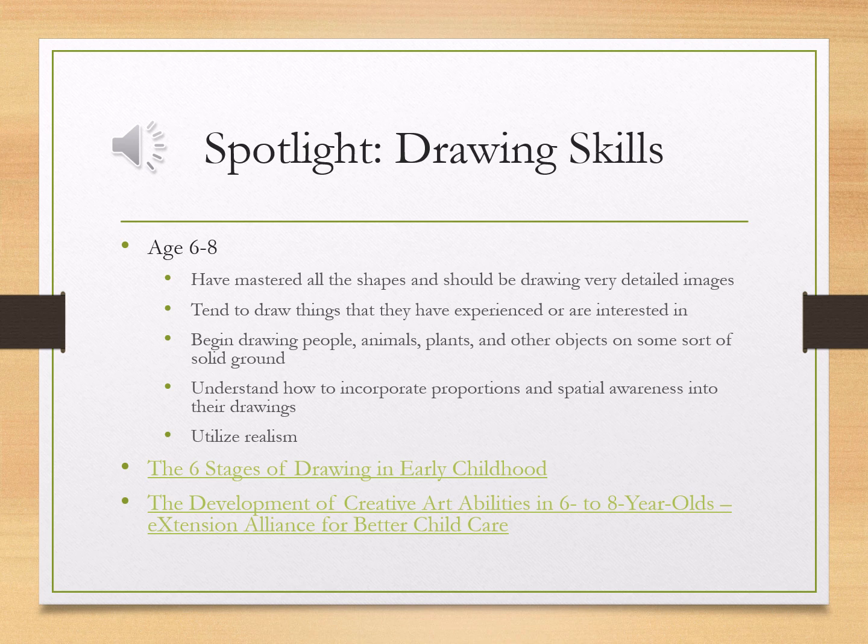The slide after that is about the different shape abilities that children acquire earlier that help them in this 6 to 8 period. So by the time children are 6 to 8, they should have mastered all the basic shapes, which allow them to create very detailed drawings.